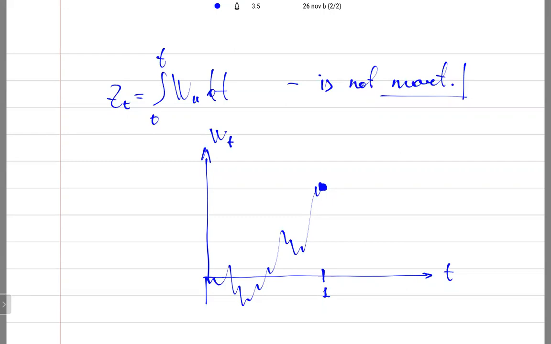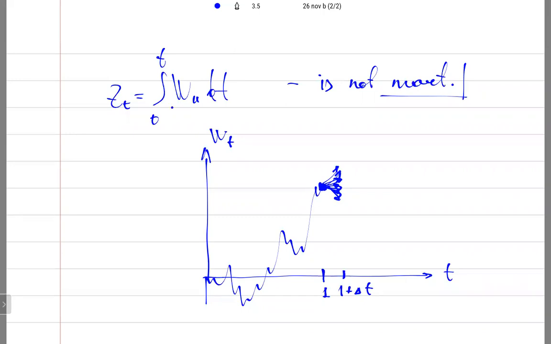If you consider a small change of time, 1 plus a small delta t, Brownian motion will change a little bit. It may go up or down, but not too much, because the variance of the future increment is just delta t.